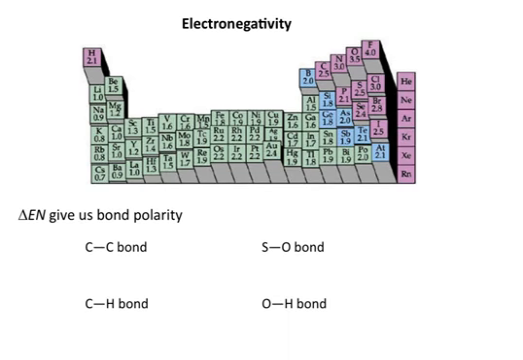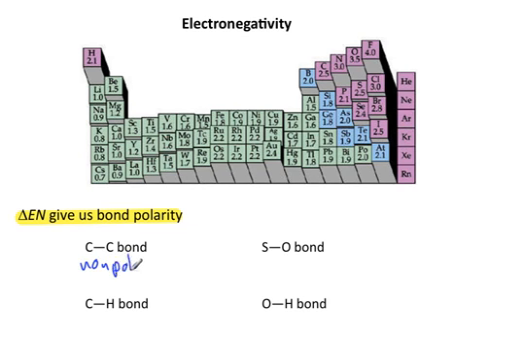Molecular polarity really is due to bond polarity. If you remember bond polarity, you have to re-familiarize yourself with differences in electronegativity, because that is what gives rise to bond polarity. So you need to look at your table of electronegativities and determine whether the bond is polar or not. A carbon-carbon bond, the same atom bonded to the same atom, is obviously going to be nonpolar.